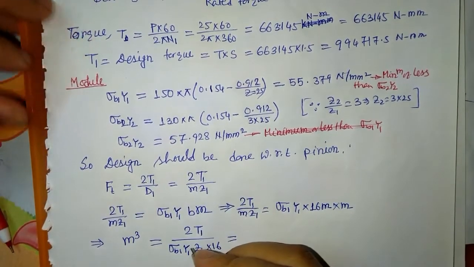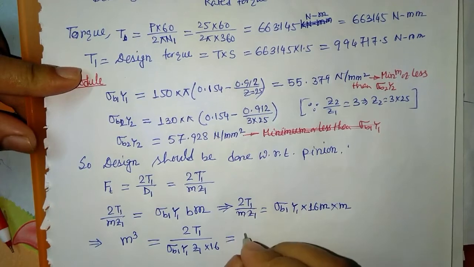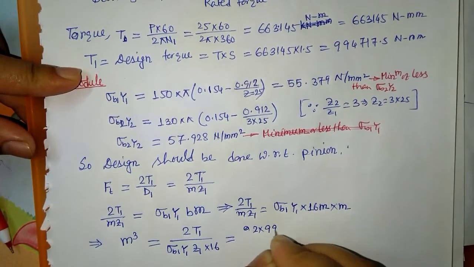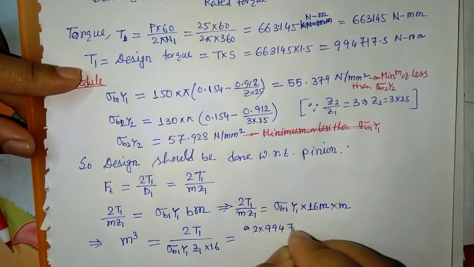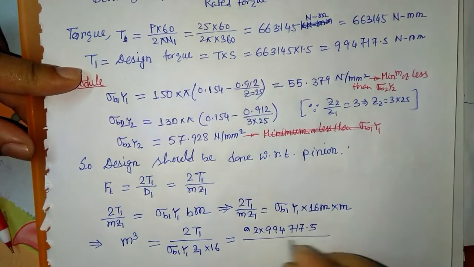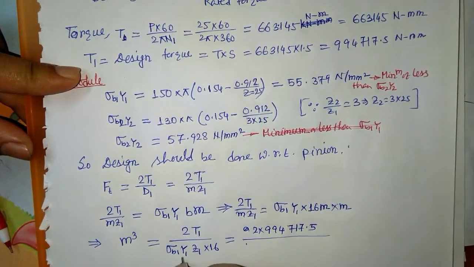Now put the value of T1. T1 we got as 2 into 994,717.5 by sigma B1 into Y1.